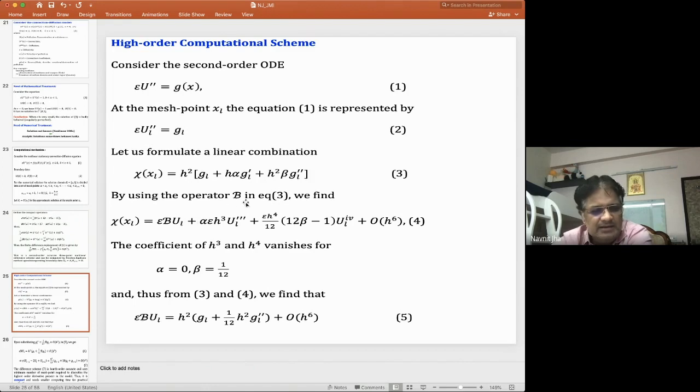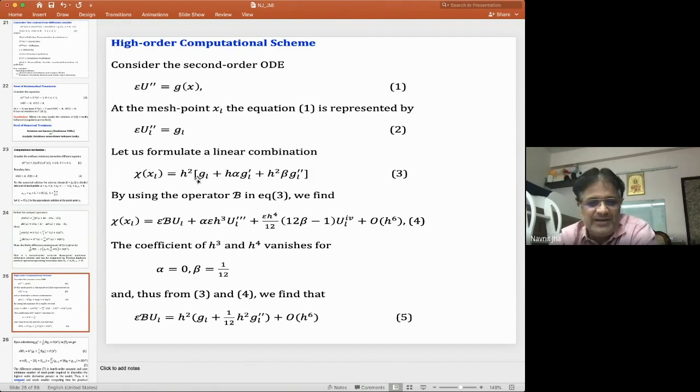Now, use this operator B in equation 3. We get here epsilon B ul plus alpha epsilon h cube ul triple prime plus epsilon h4 by 12 (12 beta minus 1) u4 plus order h6. Here it is g and here I am getting u. How does it happen? Very easy. This g is basically epsilon u second derivative.